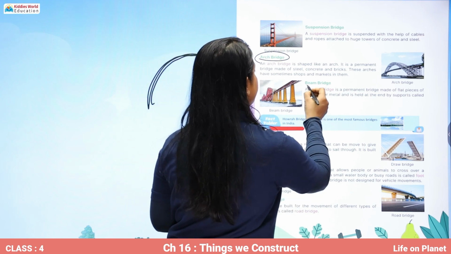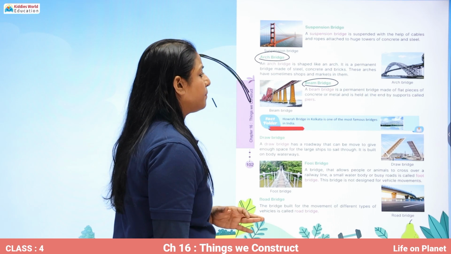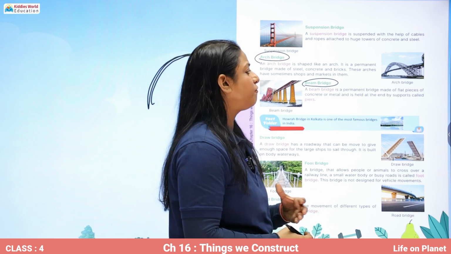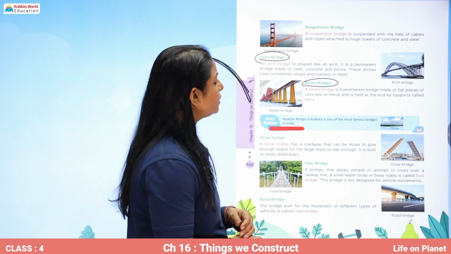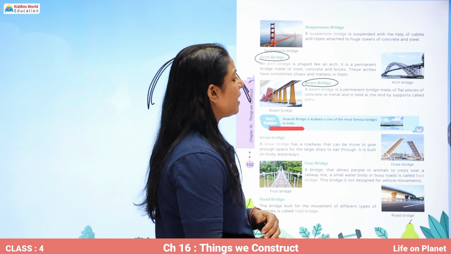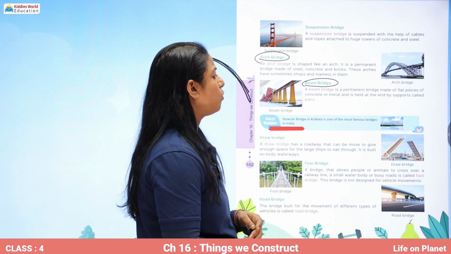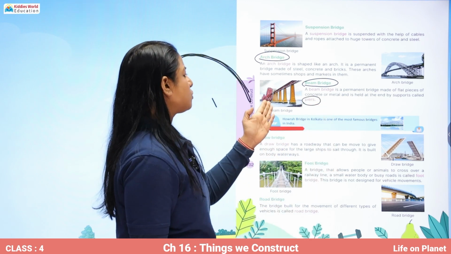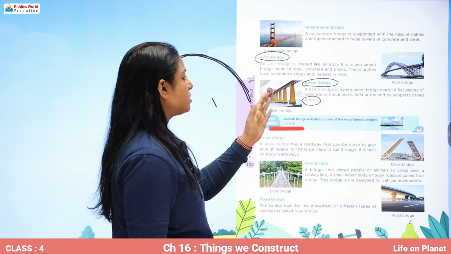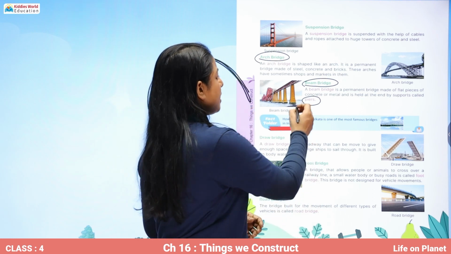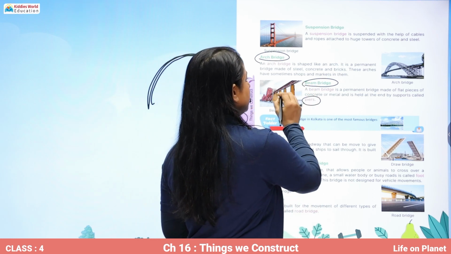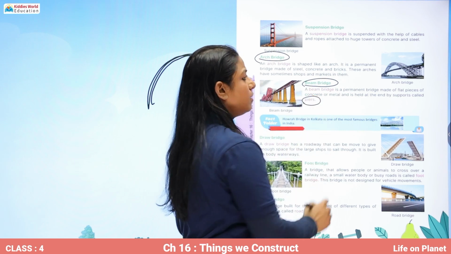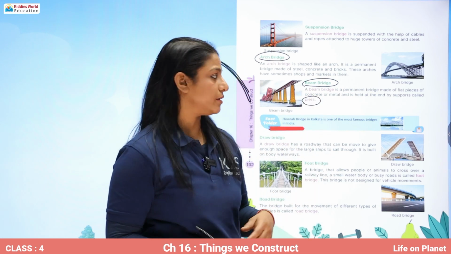Now comes the beam bridge. A beam bridge is a permanent bridge made of flat pieces of concrete or metal and is held at the ends by supports called piers. So this is a beam bridge. Beams are of iron, right?